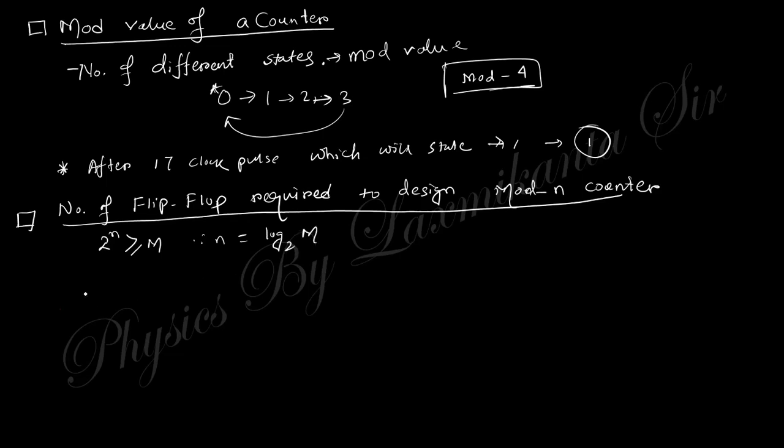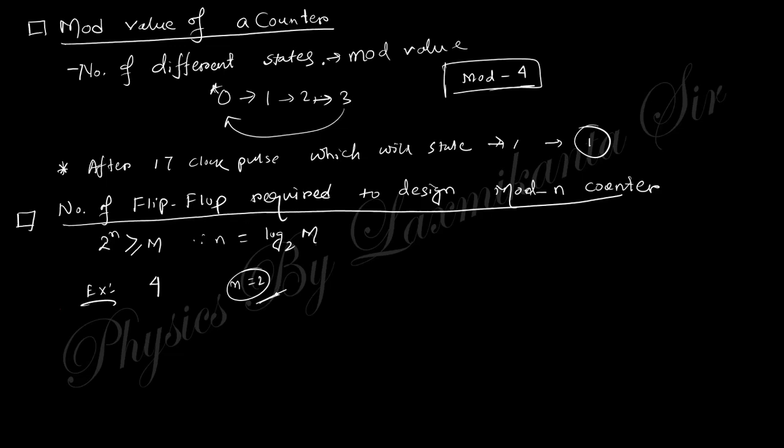For example, you want to get mode 4. So if you put 4 here, n must be 2. So you require 2 flip-flops.